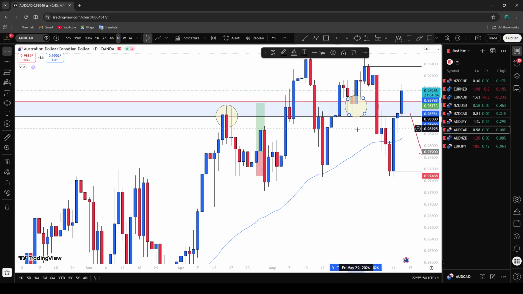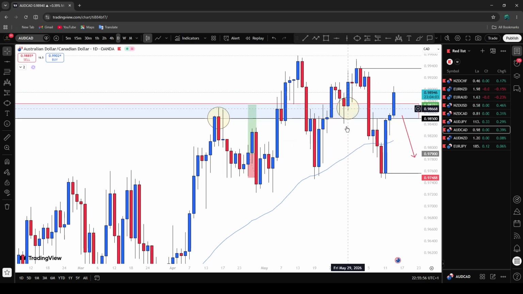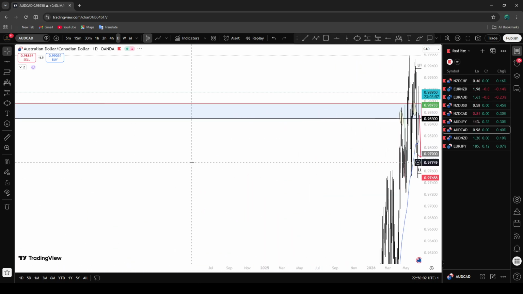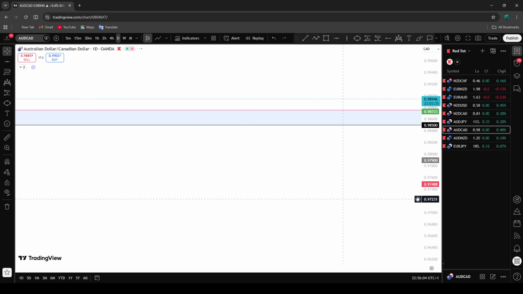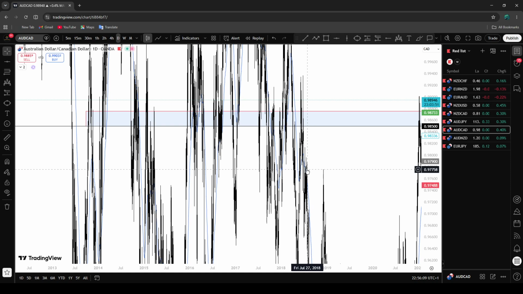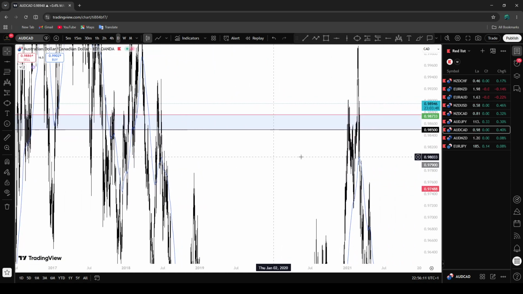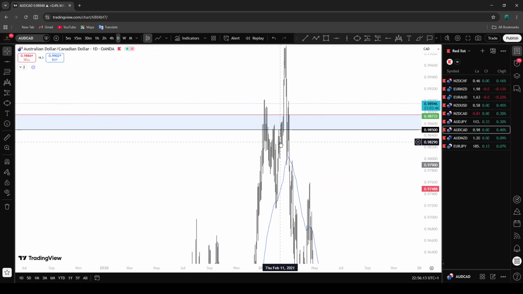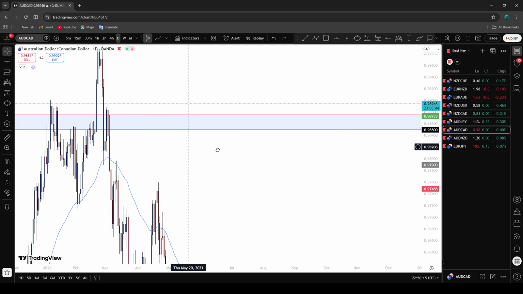But you can see we only have 2. We have 1, we have 2. So the turn off is that if you go back, you see it's not recent. If you check down, this is 2021 and it's not recent.